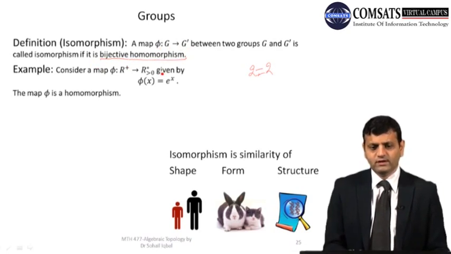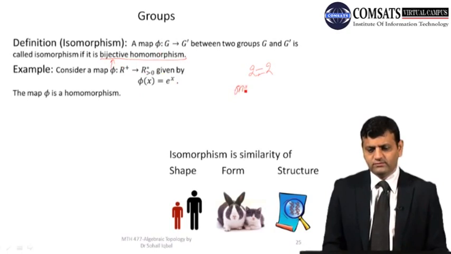We know what a homomorphism is, but the other condition that needs to be satisfied is that it has to be bijective. A function is bijective if it is one-to-one and onto. So if these two conditions are satisfied, then we say that the function is bijective. Let's consider an example, phi from R under addition. We have seen that R is a group under addition, and R positive is the set of all positive real numbers under multiplication.